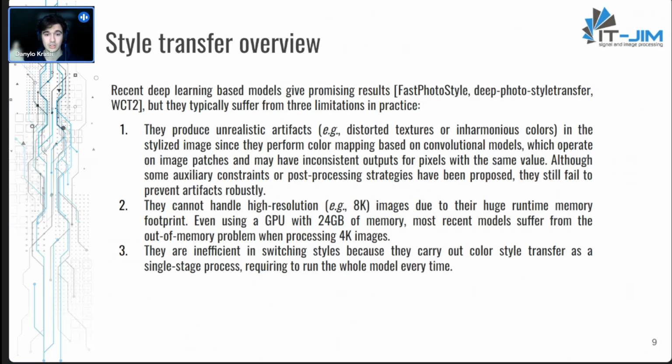The second limitation is that they cannot handle high resolution images due to their huge runtime memory footprint. And the third limitation is that they are inefficient in switching color styles because they carry out color style transfer as a single stage process, requiring to run the whole model every time.